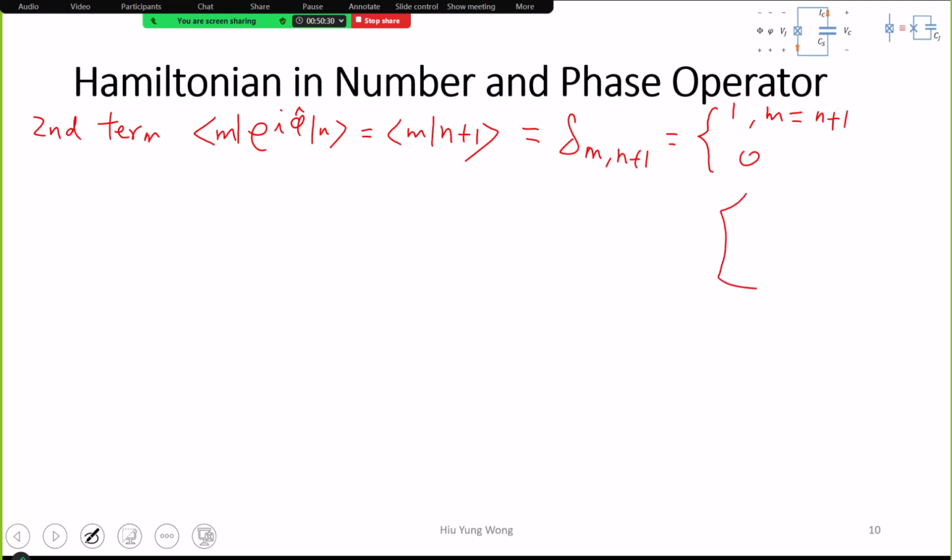For example, this is the diagonal, right? And now you say m equal to n plus 1. For example, this might be m equal to n plus 1. Am I right? Row, mn, when m equal to n plus 1.